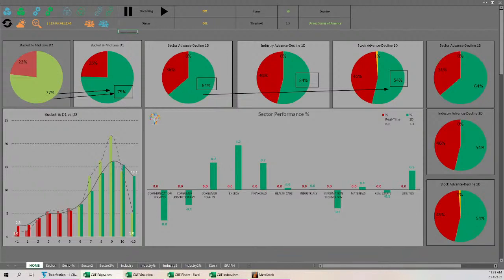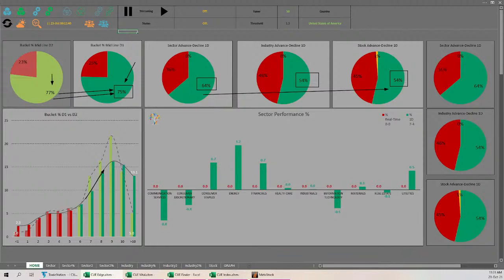In terms of bucket analysis, we have weakening of the market. Weakening relative to Thursday, however, 75% is pretty high on the bullish side. So we have to say bucket analysis is also bullish.